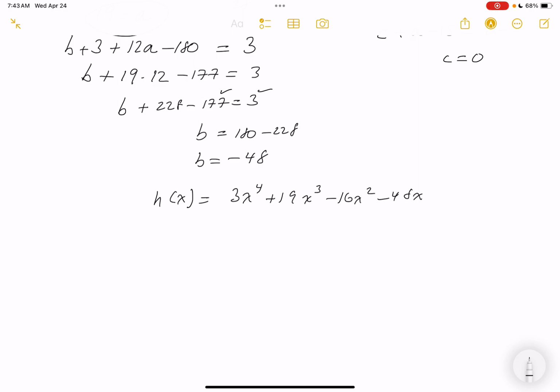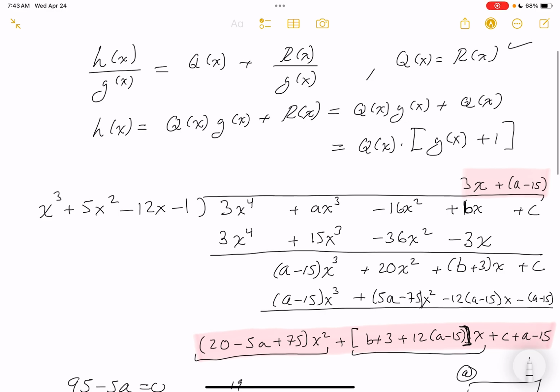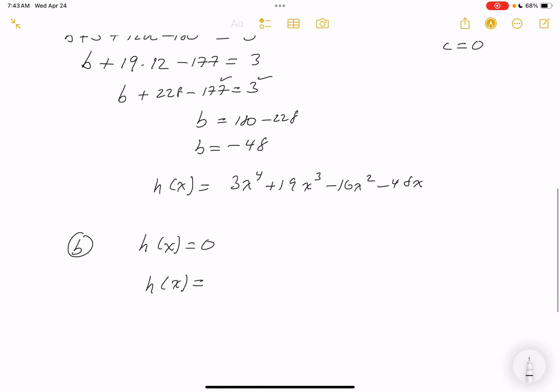And part B, what do I know about part B? Let's write this down. They asked me about the number of rational roots of this guy over here. Well, let me remind you, h of x, let me go back here and remind you what I said. It was equal to this over here. Well, q of x, let's write that down.